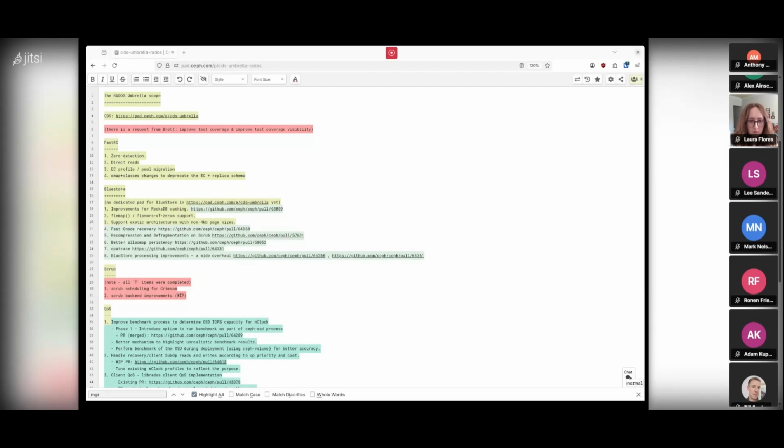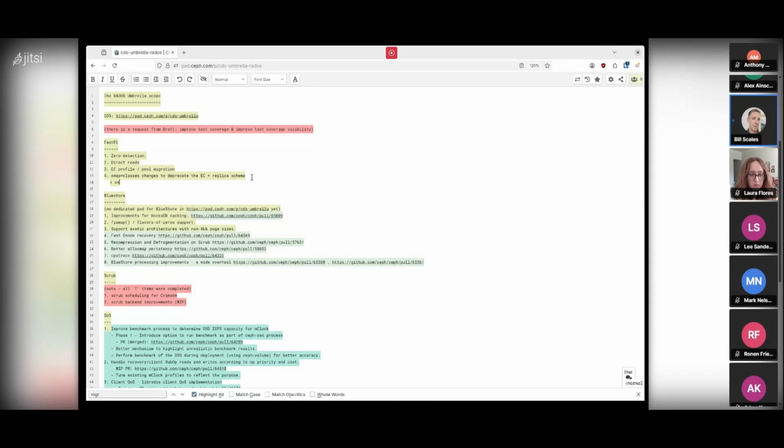I'm passing the mic to Bill. Bill, please jump in and describe if you may. Yeah, so the objective is making it easier to configure things. Rather than having to worry about a replica pool and an erasure coded pool, you just create an erasure coded pool and use that.